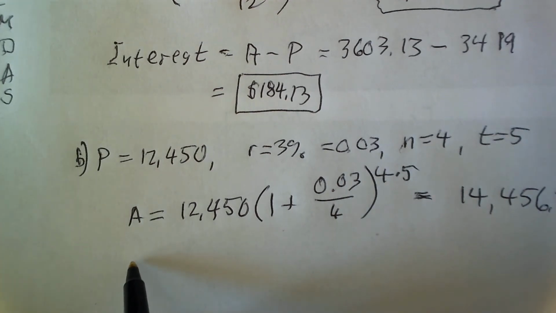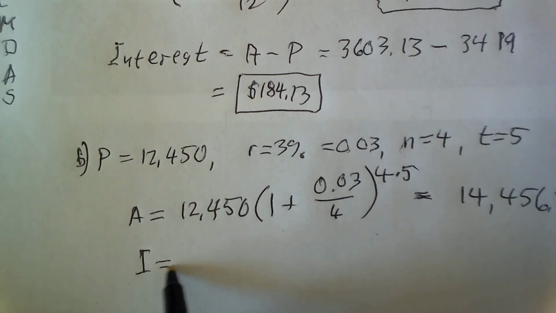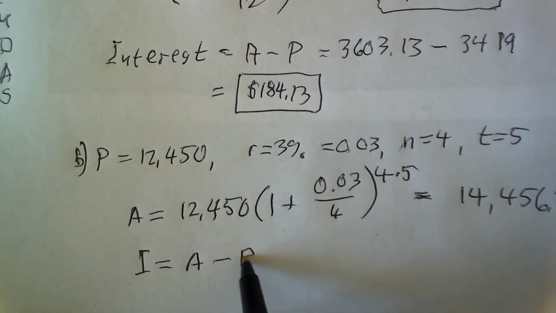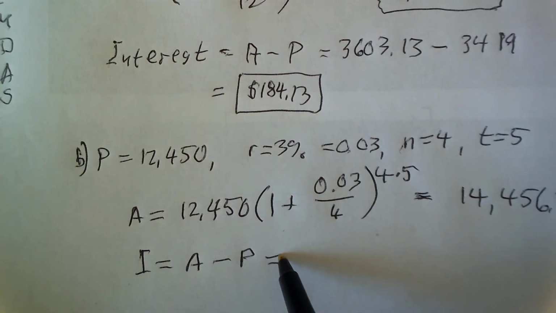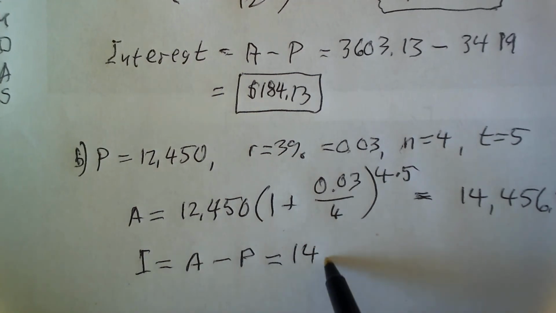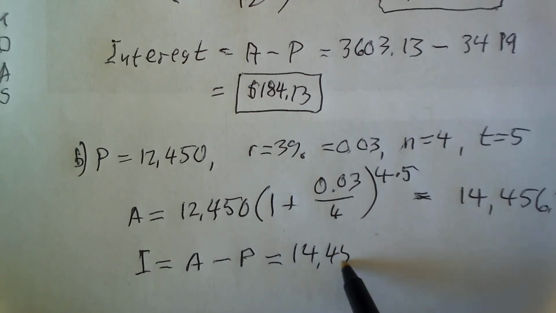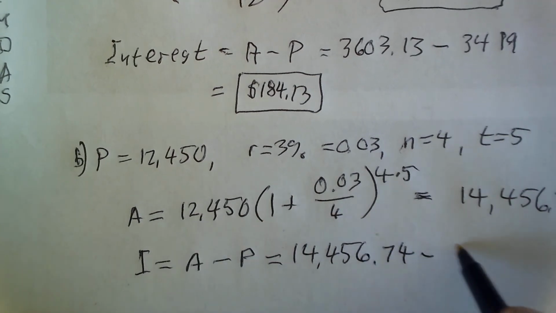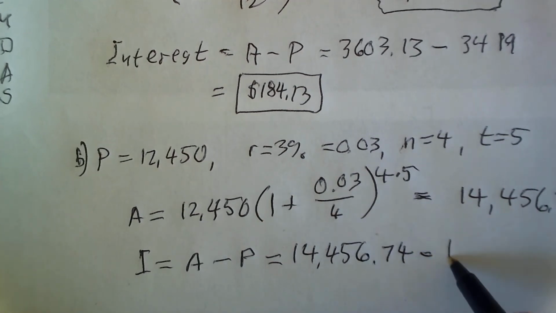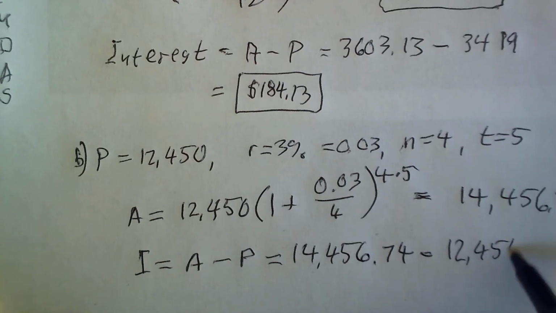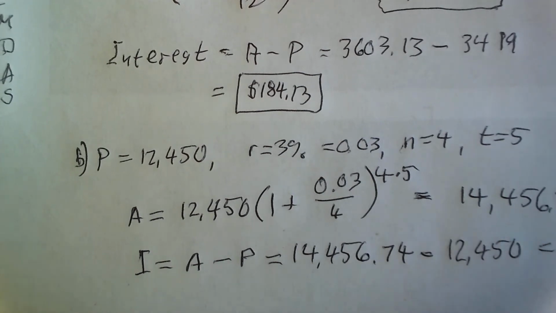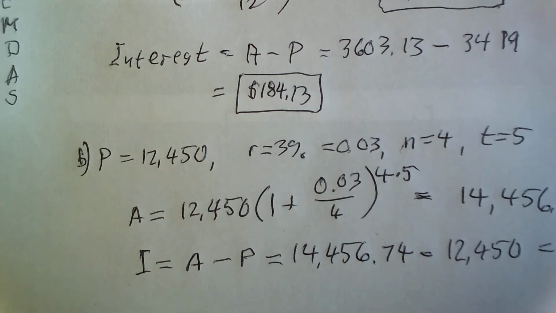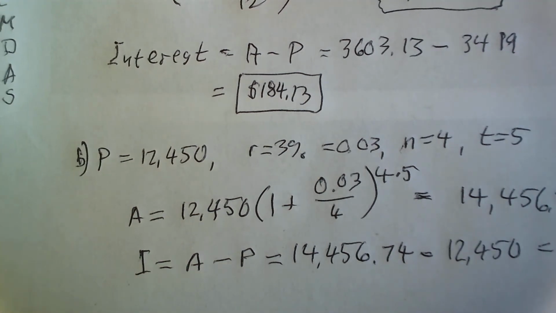And again, the interest earned is the future value, which we just computed, minus the present value. So that's 14,456.74 minus the present value of 12,450. So the interest earned in this case is 2006.74.